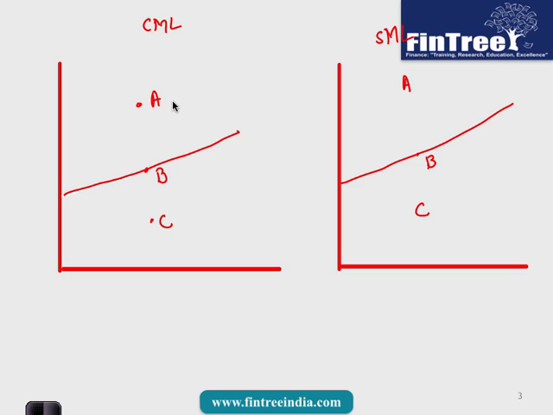That means there is no other portfolio which is as good as the market portfolio. Therefore, in CML, if there is a portfolio which is above this line, then this is an impossible portfolio. You cannot construct a portfolio which is smarter than the market.